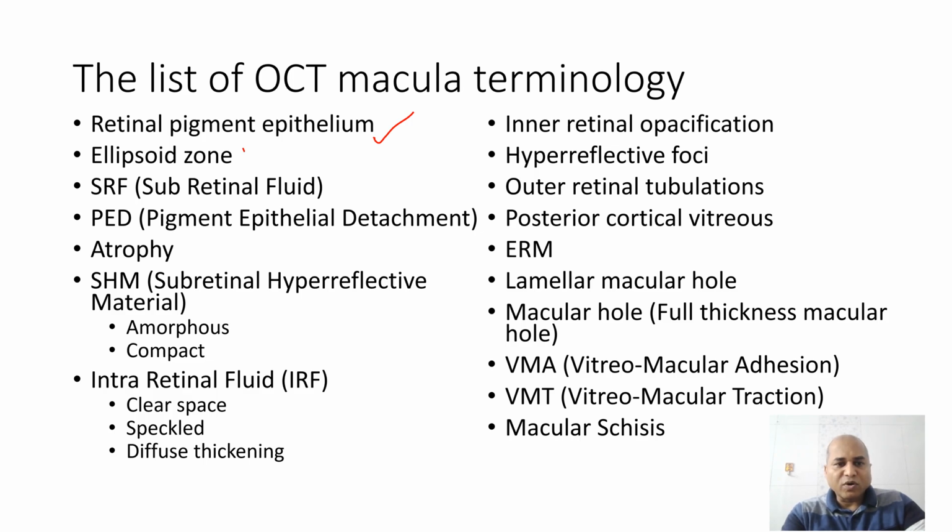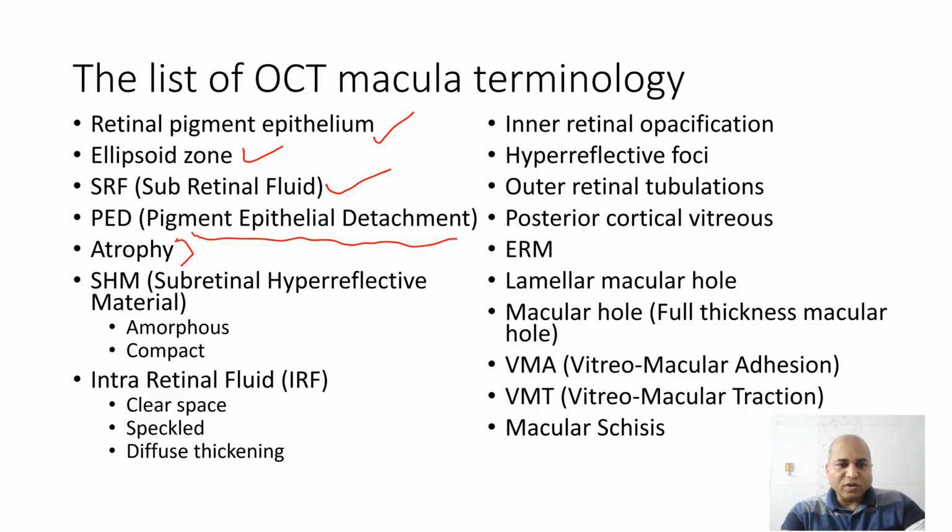Then we have ellipsoid zone, which is the junction of the inner segment and outer segment of the photoreceptor layer. And then we have a pathological condition, subretinal fluid. This is fluid between the neurosensory retina and the retinal pigment epithelium. And we have pigment epithelial detachment, which again is a pathological condition.